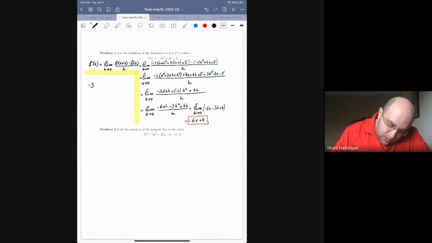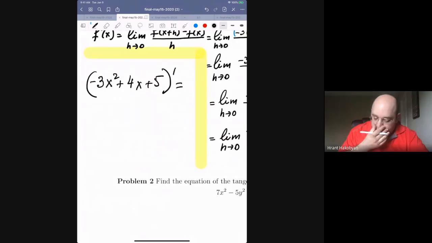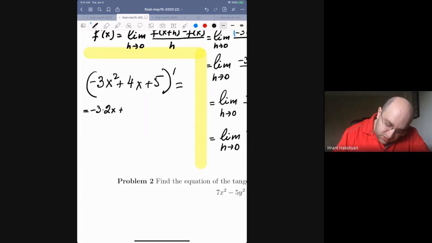negative 3x squared plus 4x plus 5, right? Now, using the laws of derivatives, this is equal to negative 3 times 2x plus 4, because the derivative of x is 1 and the derivative of 5 is 0, so the whole thing becomes negative 6x plus 4.